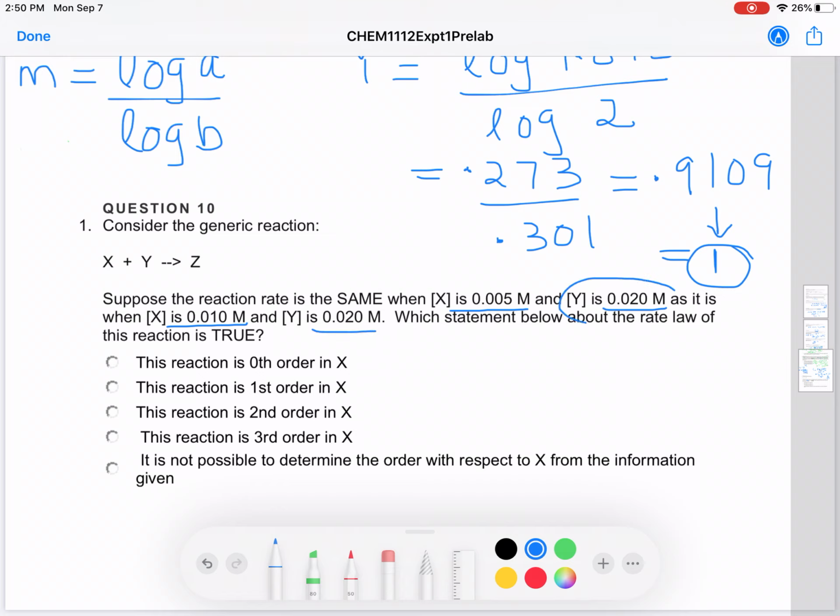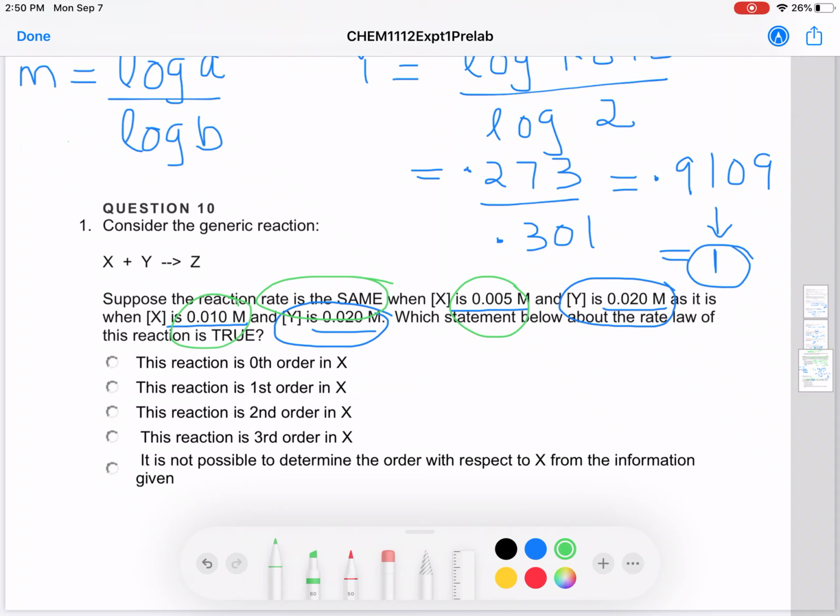So y is kept constant. We didn't do anything to y, but we change x. X is changed from 0.005 to 0.01. What happened? The reaction rate is the same. The reaction didn't change. You changed the concentration of x, but the reaction didn't change.